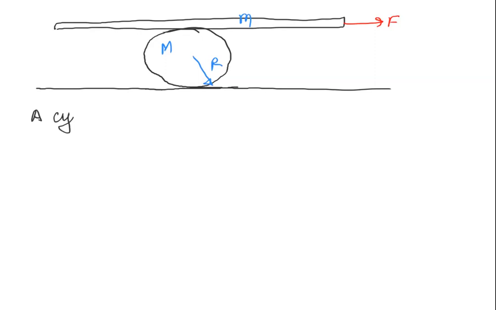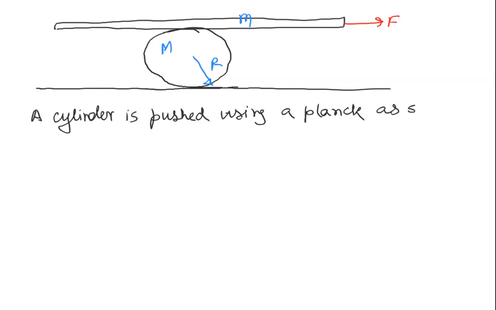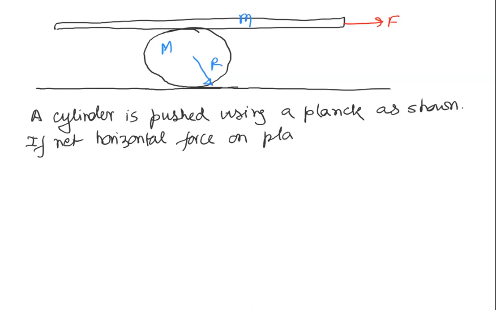So a cylinder is pushed using a plank as if net horizontal force on plank is F and all surfaces have friction or roughness.